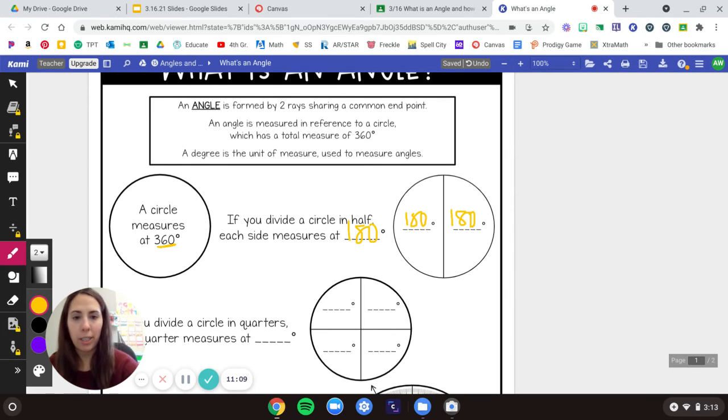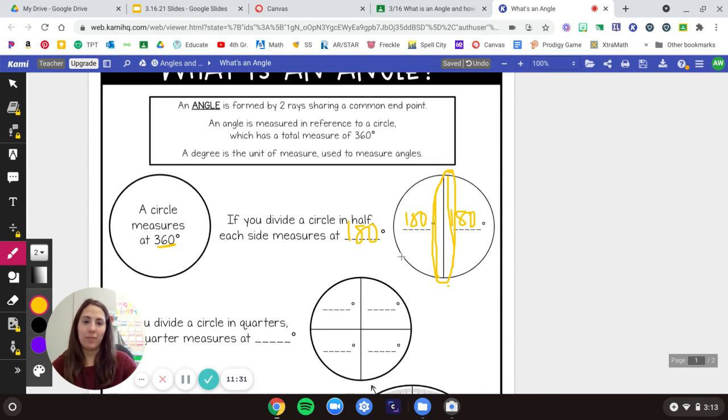We also talked about how this angle here is a straight angle. And we remembered that straight angles measured 180 degrees. So that's why straight angles have to be 180 degrees, because it's like we're splitting that circle in half.